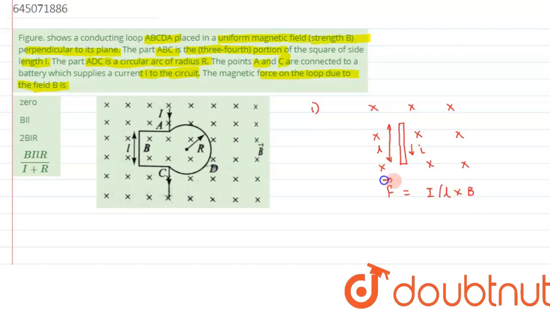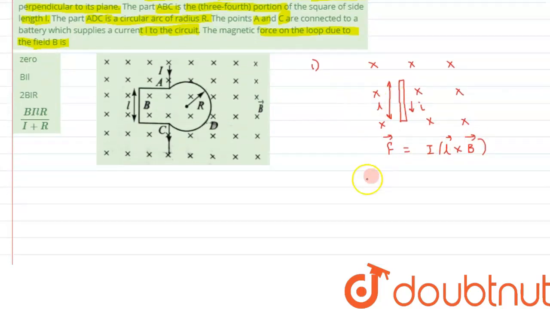So in terms of vectors we have written it as L bar cross B bar, where the angle is between the L bar and the magnetic field vector. So this is the force acting on a current carrying conductor placed in a magnetic field.